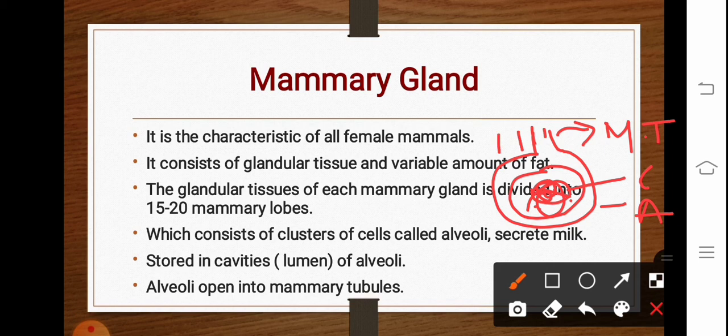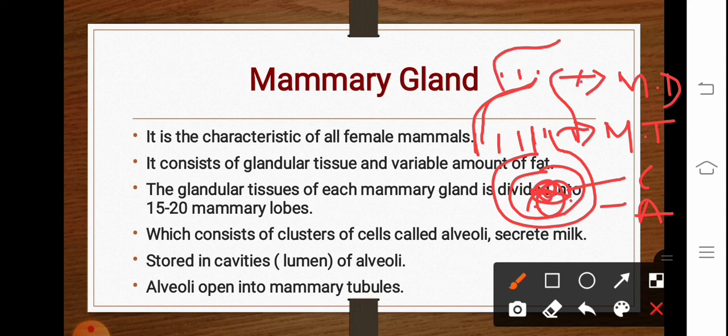Many such tubules join together, like this, to form a mammary duct. Such ducts are many, and all these ducts join to form the mammary ampulla, which is connected to the lactiferous duct.